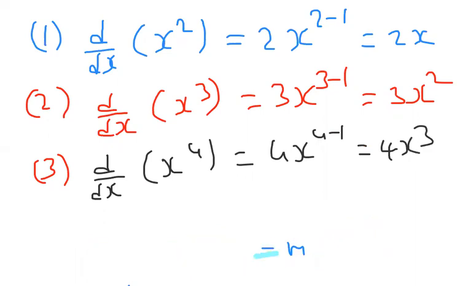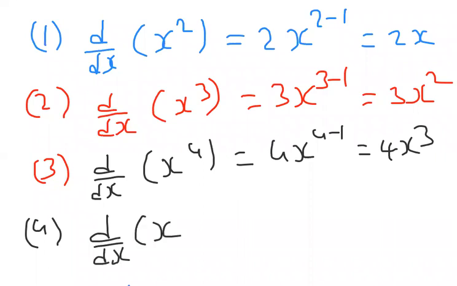Suppose they have given the term d by dx of x. How to handle this one? Only x is there, which means you have to understand the power is 1.